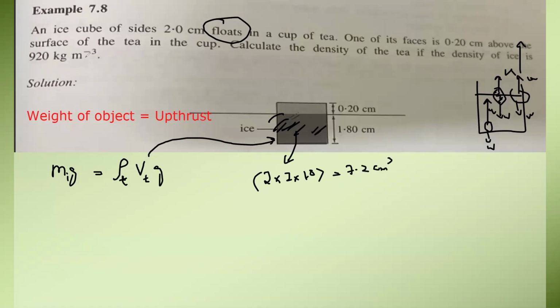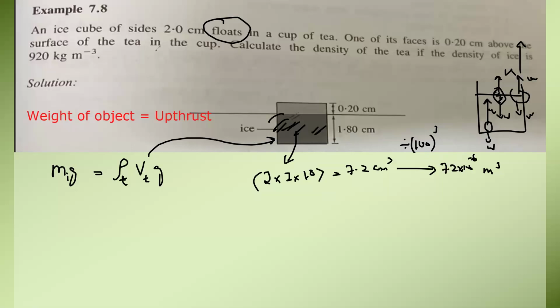But because the density is given in meter cube, we have to convert the centimeter cube into meter cube. To convert centimeter into meter, we divide by 100. But for centimeter cube to meter cube, we divide by 100 cube, or 1 million. So that is equal to 7.2 into 10 power minus 6 meter cube.